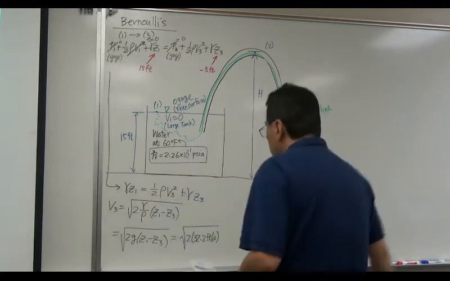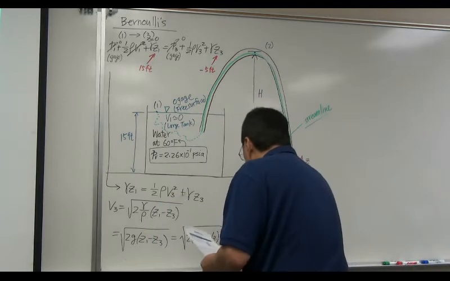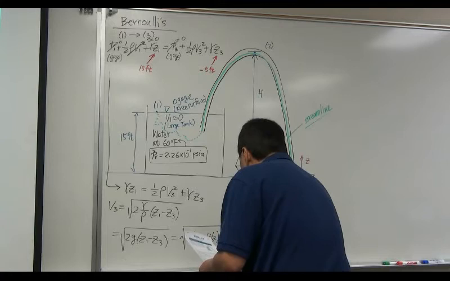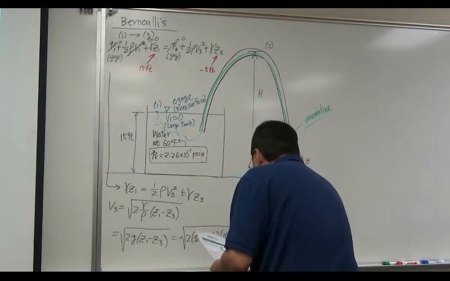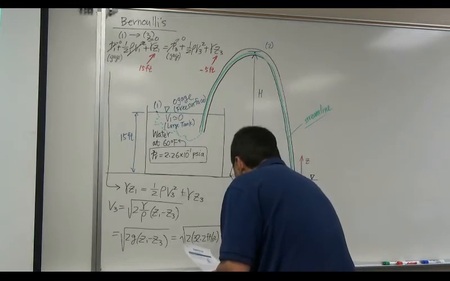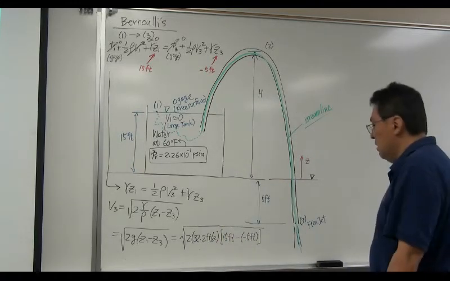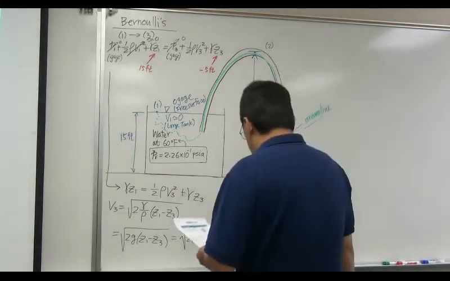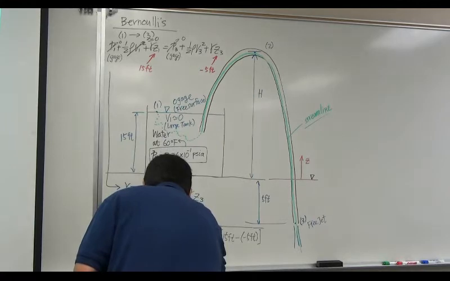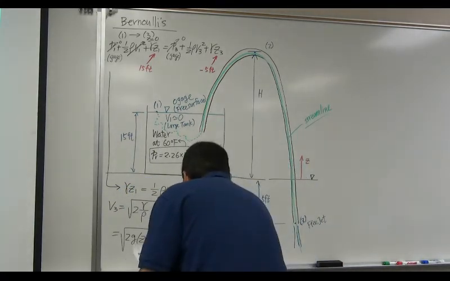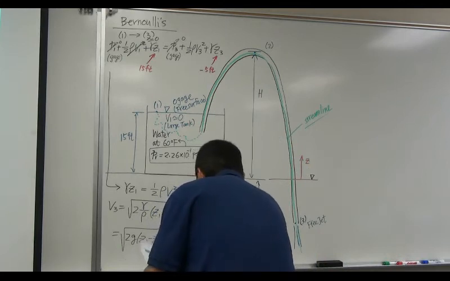Let's assume standard gravity. Multiply by 15 feet minus minus 5 feet. So you end up adding, minus of minus, double negative. So you end up having 15 plus 5, total 20 feet. So this gives you V3 equal to 35.9 feet per second.